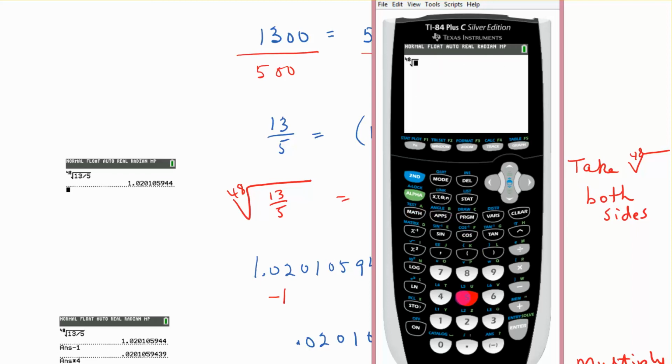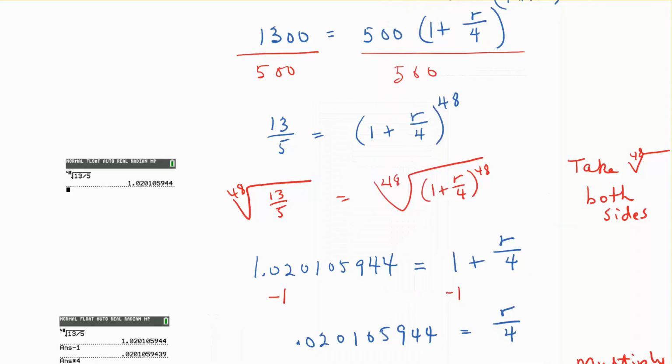So we've got the 48th root of 13 divided by 5, and hit enter, and you get this number that I have here. So again, that was math. You actually put the root first. So you put the root, and then you choose math and choice 5, and then put in whatever the base is. So that's how we got that.